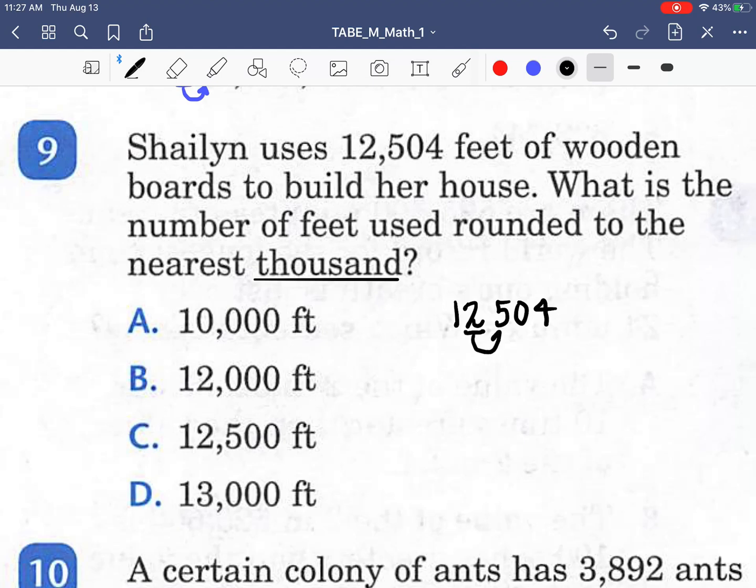So you look back at your neighbor and the neighbor says round up. So we're going to take the 2 up to a 3. Remember, it's this guy that rounds up, and round off the neighbors and bring down the leader. So the answer to number 9 is D, 13,000. It is to the nearest thousand.